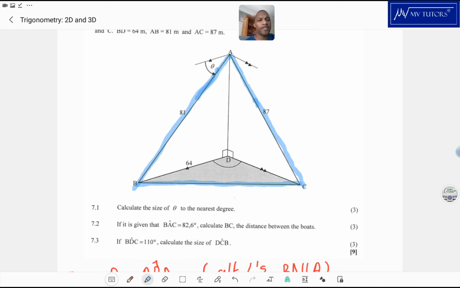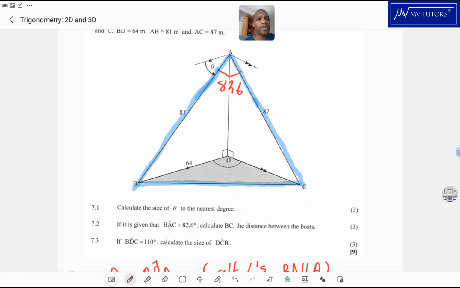All right, so we have a triangle there with an angle of 82.6. Now as you can see, this triangle is not right-angled, so we have to use another rule.